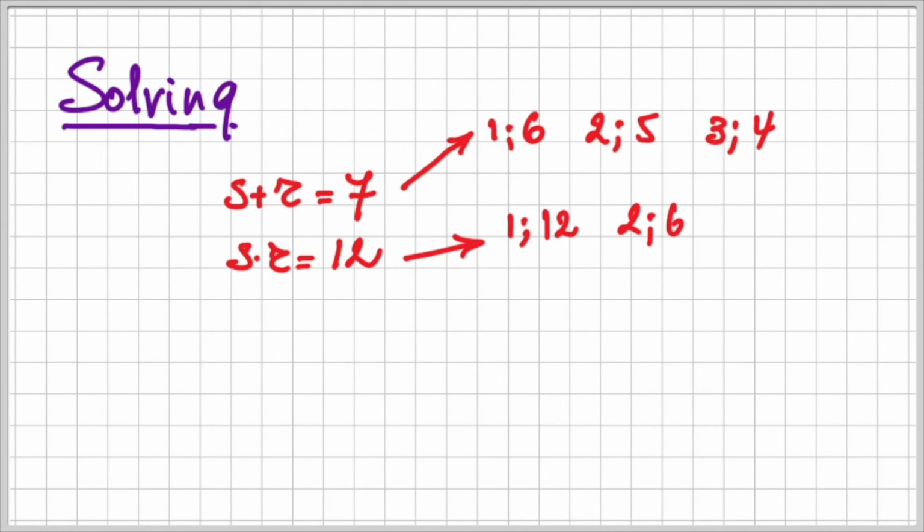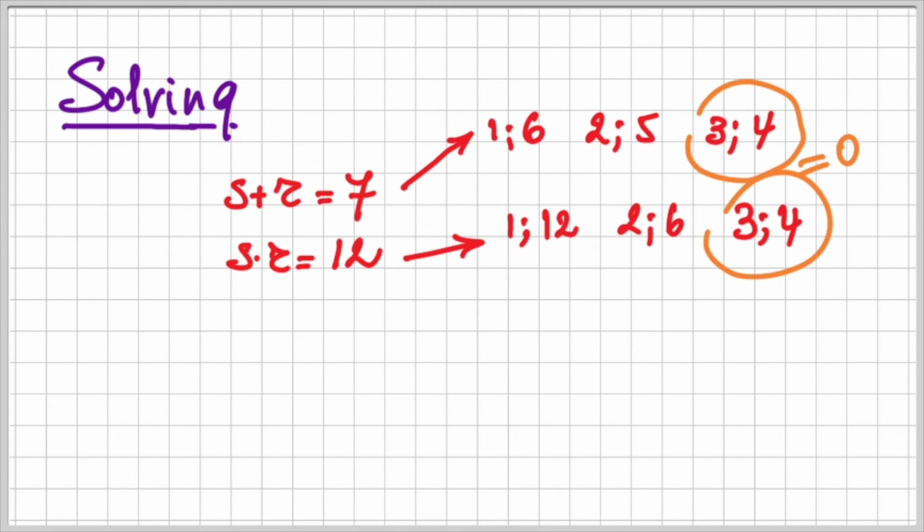Then for 12, what are the two integers that give a product equal to 12? Well, we have 1 and 12, 2 and 6, 3 and 4. And we see that we have one combination here, 3 and 4, which gives us a sum equal to 7 and a product equal to 12. So basically this means these are the solutions for s and r.